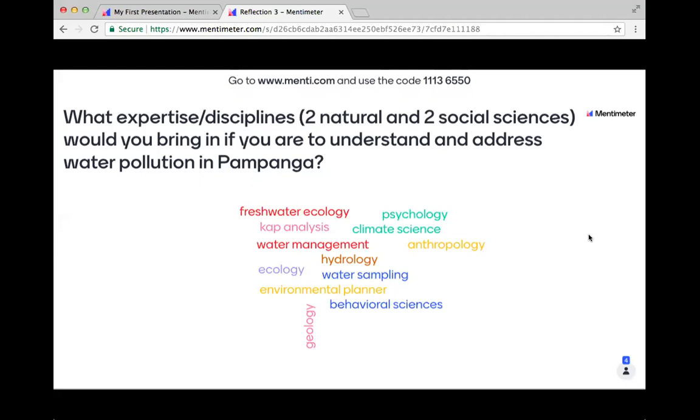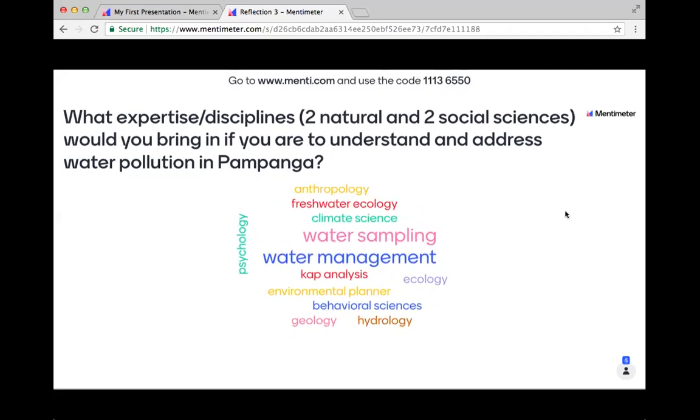Let's see. Let's hear some more. So again, go to menti.com. The code is 111-36550. So let's see. Tingnan natin kung ano pang ibang responses. So, but here we were seeing na maraming perspectives yung pwedeng isama in order for us to understand the water pollution problem.